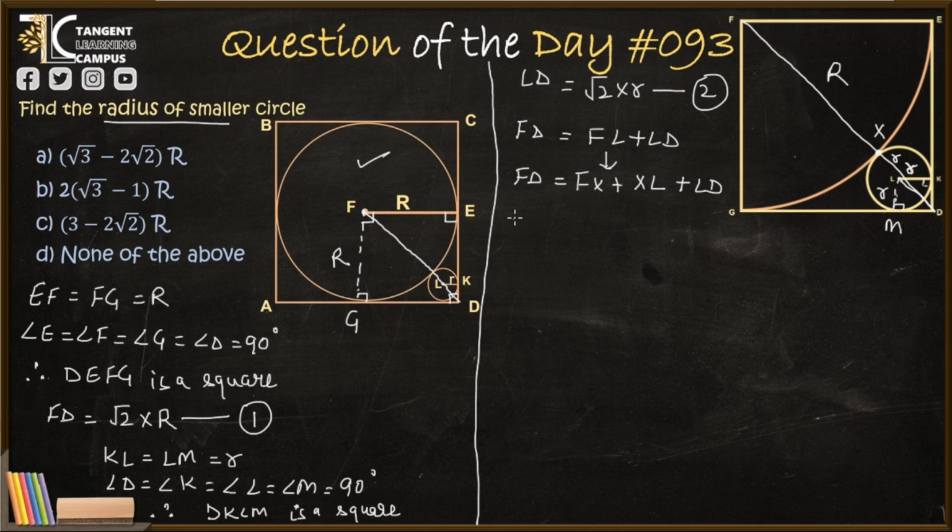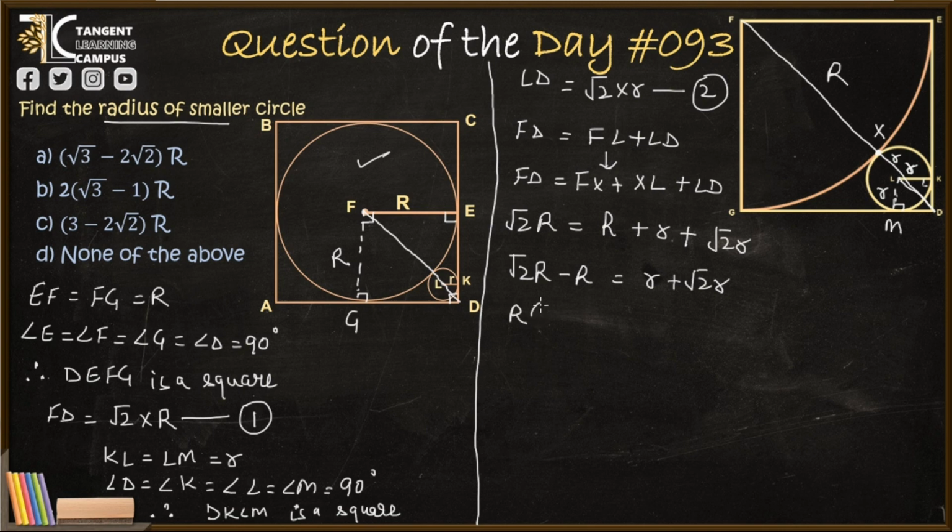So now let us put the values here. The value of FD is root 2 R, which is equal to FX which is capital R, plus XL which is small r, plus LD, that means root 2 small r. Now let us take the like terms together. So we get root 2 capital R minus R equals r plus root 2 small r. So now let us take the common part out.